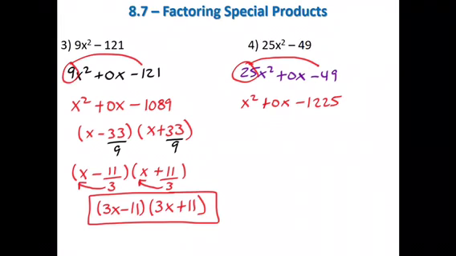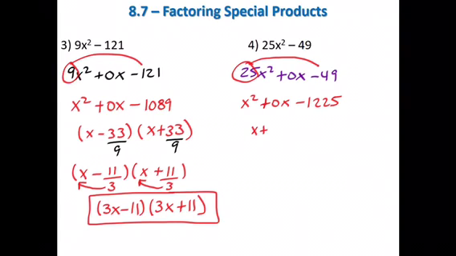So we need to figure out the factors of negative 1,225 that add up to be 0. In this case, we get 35.